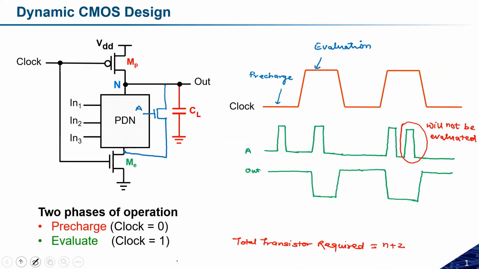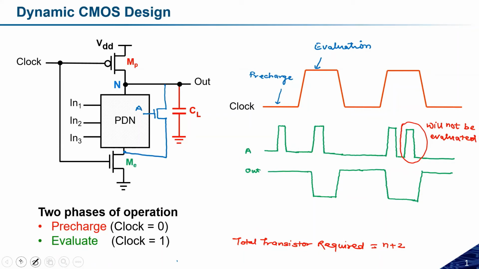If the frequency of input change is higher compared to the clock frequency, then we need to wait for the next evaluation phase to implement the next input pattern. Did you get the answer? Yes, sir. Okay, so one possibility is to reduce the time period of the precharge and evaluation, or increase the frequency. That is one possible way, but this is not 100%.